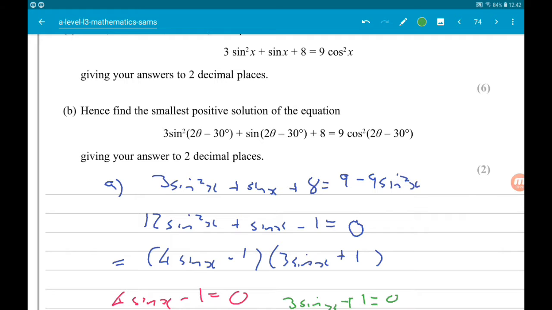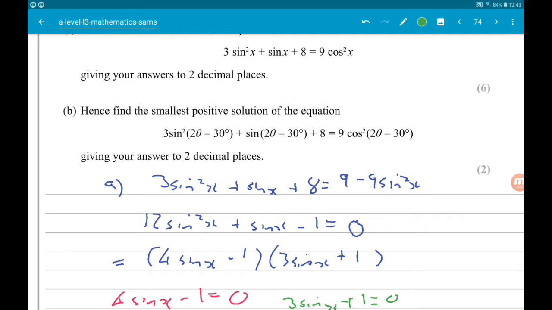Okay, so what this has done is taken the original equation and transformed it by a stretch with a scale factor of 1/2 and a translation 30 degrees to the right.